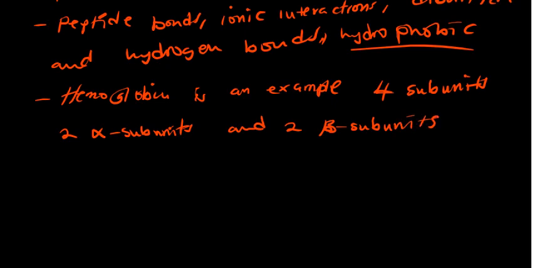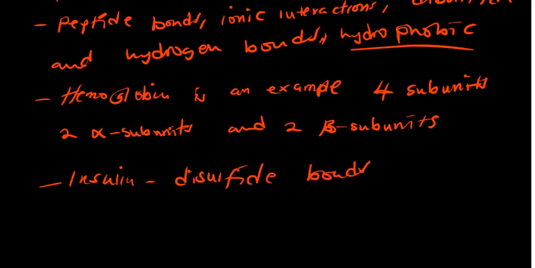So another example is insulin. So insulin, this one is held together by disulfide bonds. So in insulin we have chain A and chain B that interact with each other.